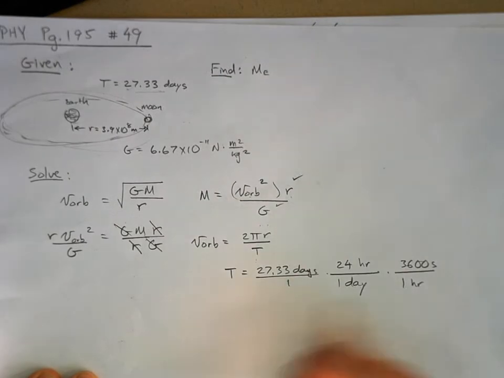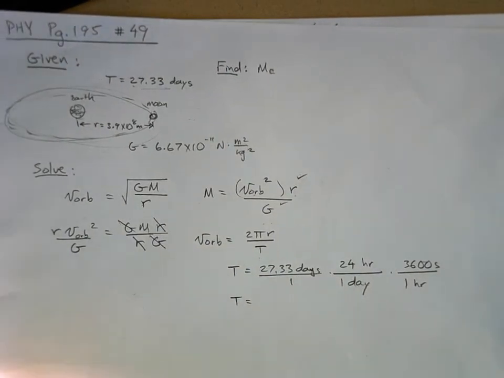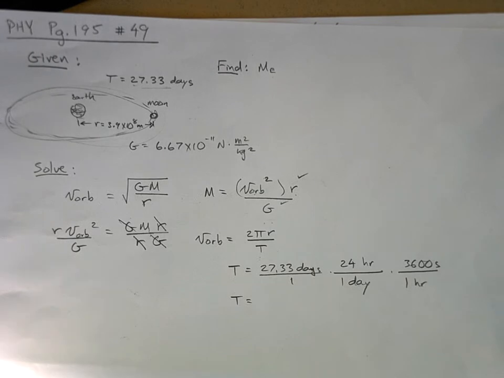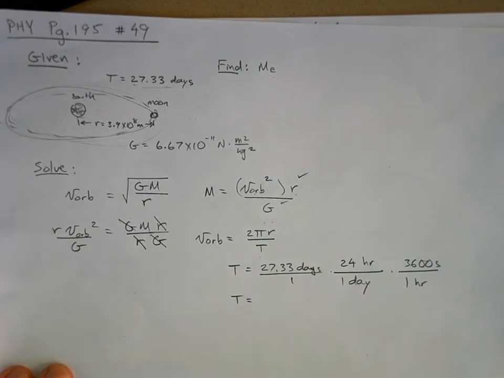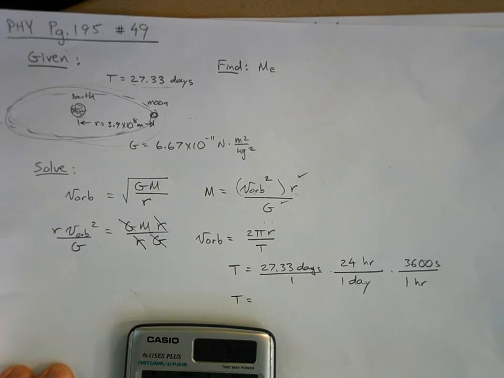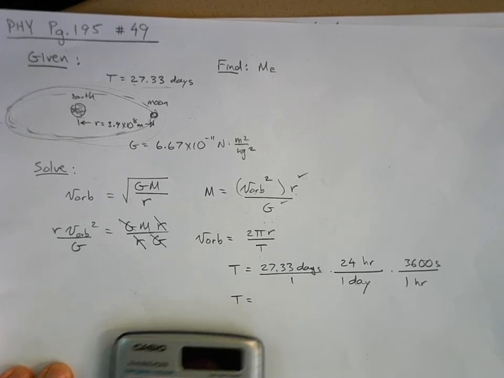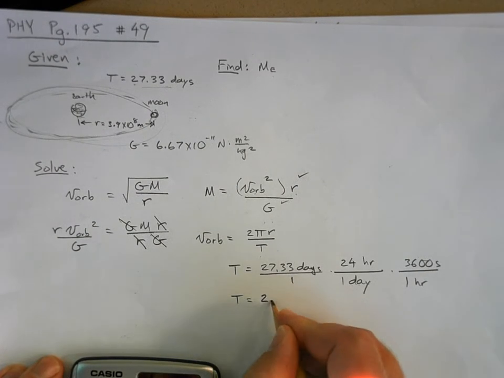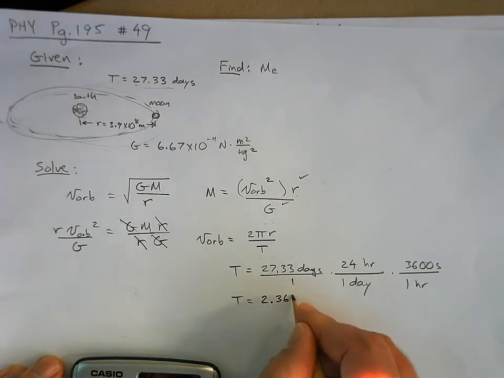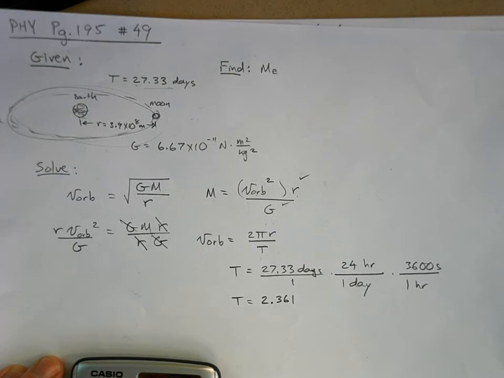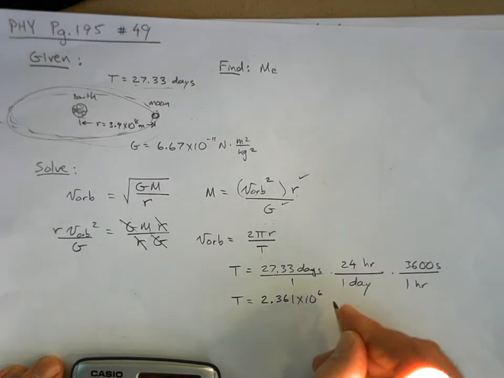Okay? Zoom out a little bit. Did anybody do this calculation? What'd you get? Yeah, let me check that because I couldn't hear you anyway. All right. 27.33 times 24 times 3,600, and you get 2.361 times 10 to the 6 seconds.